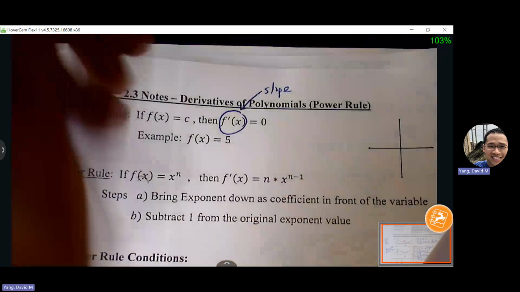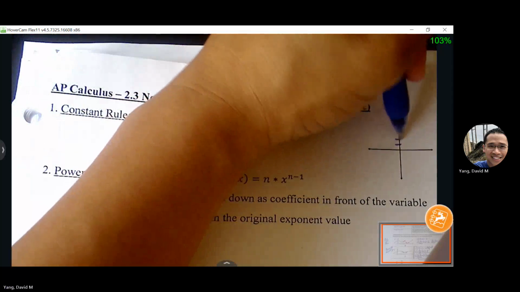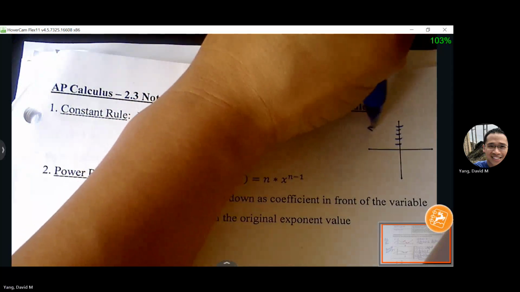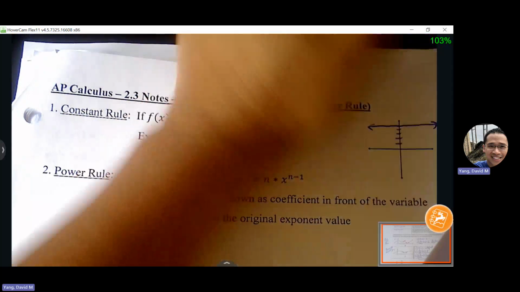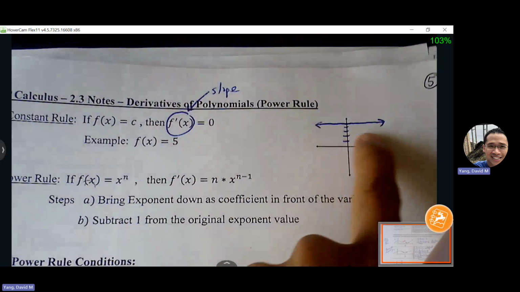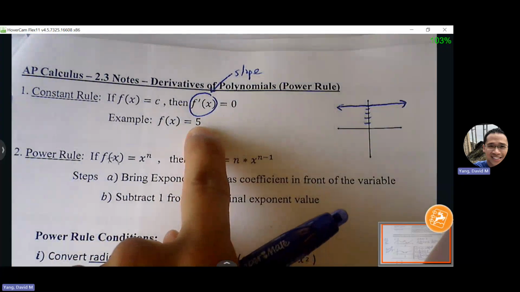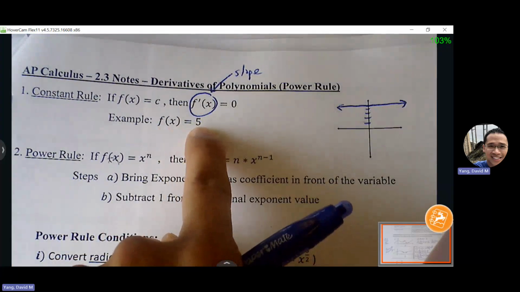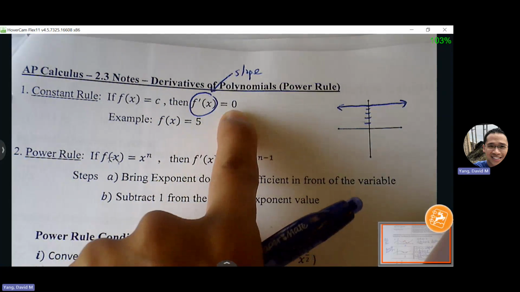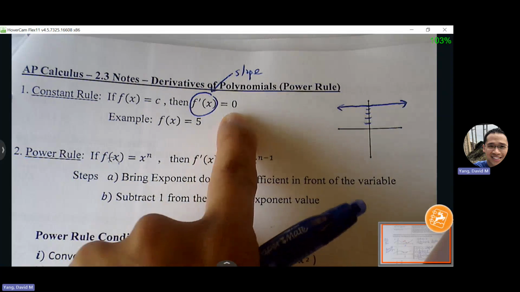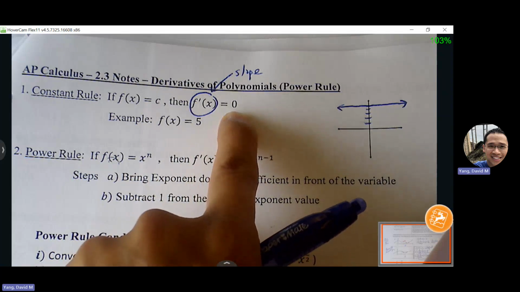So for instance, if I have y equals 5, that is a horizontal line. That line is holding steady at a slope 0 the entire way through. So the constant rule says it doesn't matter what that constant is. If I can visualize a graph that is just a horizontal line, my derivative is always going to be 0 because the slope of the horizontal line is always 0.